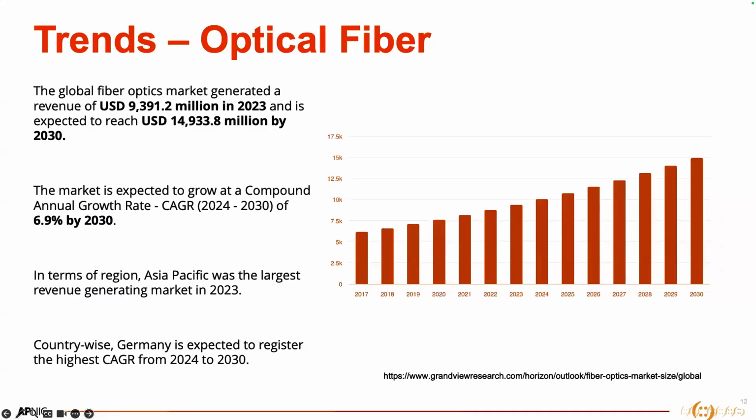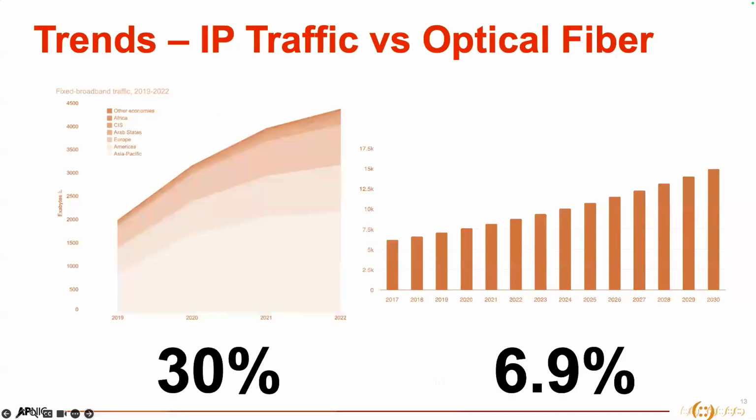They anticipate only 6.9% annual growth for optical fiber, while in the last 4 years up to 2022 there was a 30% rise in IP traffic. So you can see there is a huge gap between the requirement of optical fibers and the availability of optical fibers.